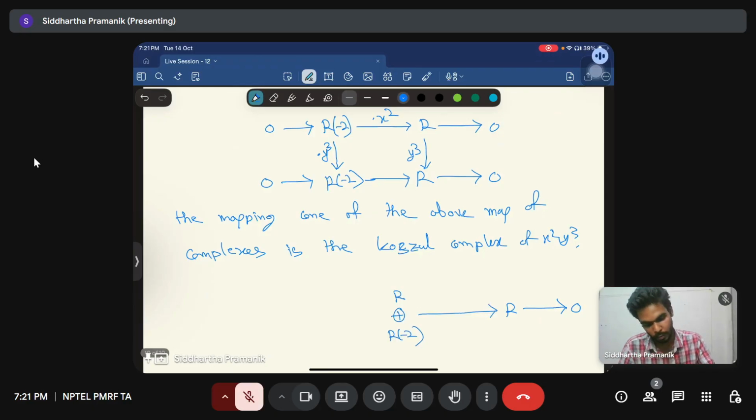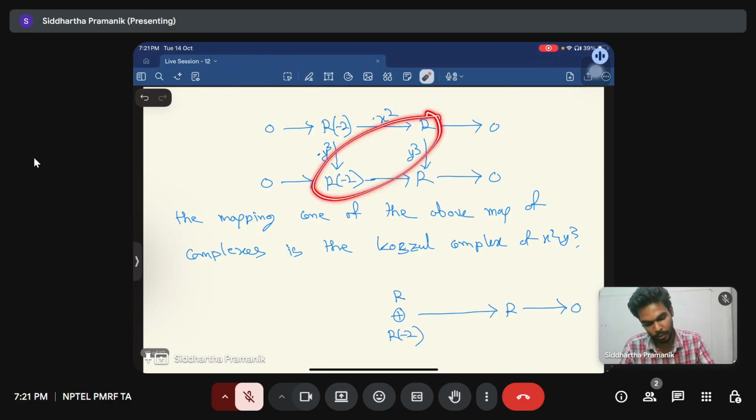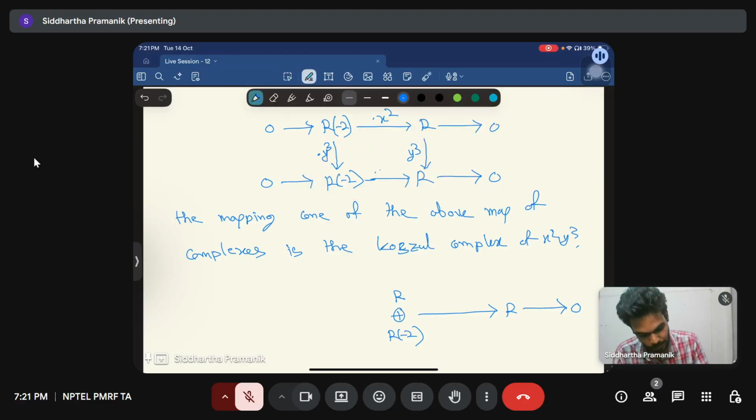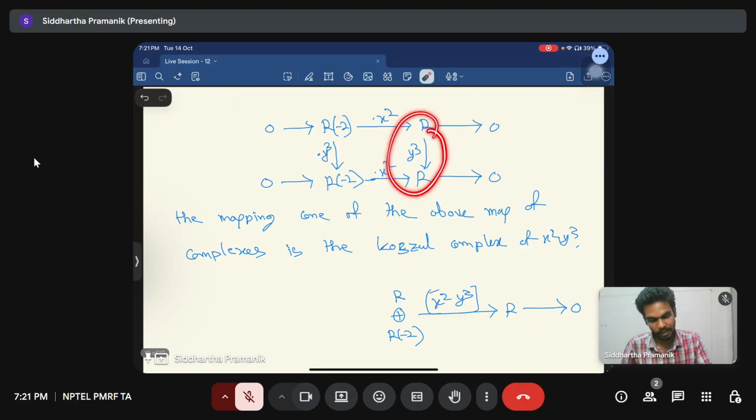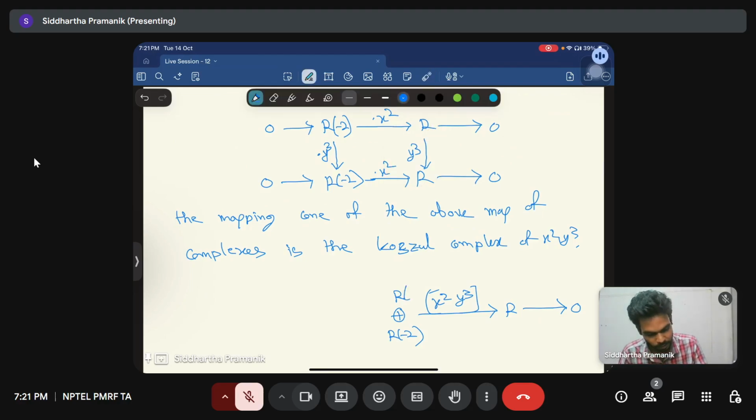So now we need to take the map from here to here. One map is 0. So the thing is this map and this map. This is multiplication by x^2. But this is multiplication by y^3, so we need to shift the degrees by 3.